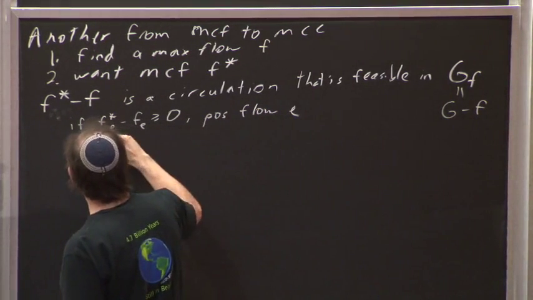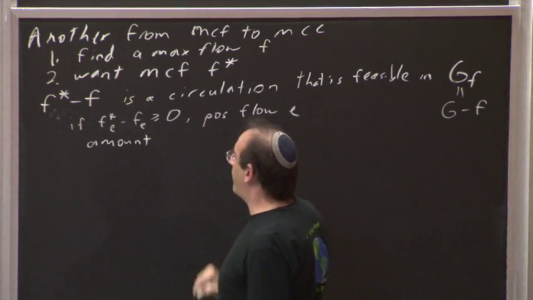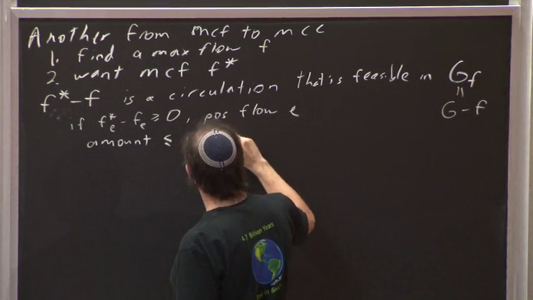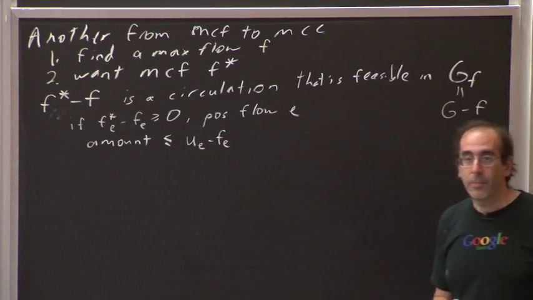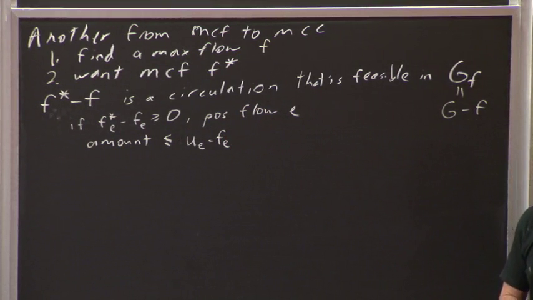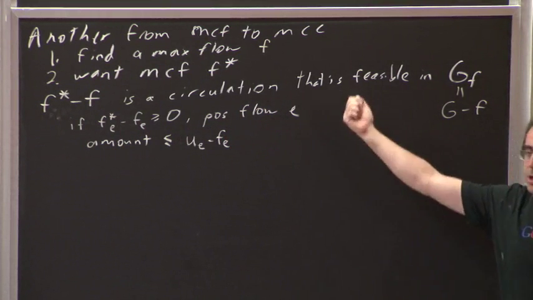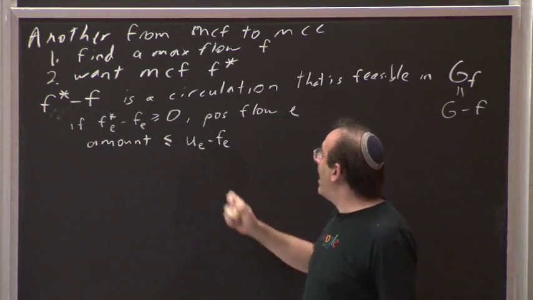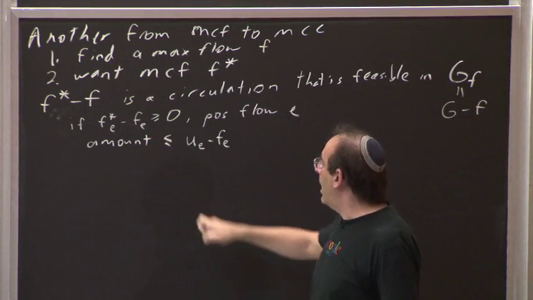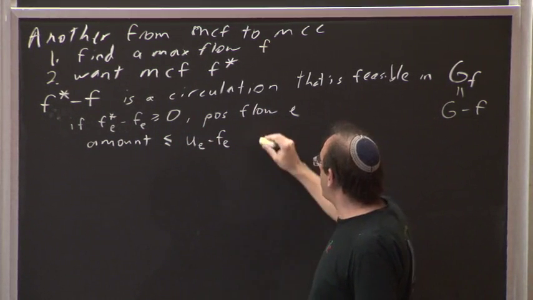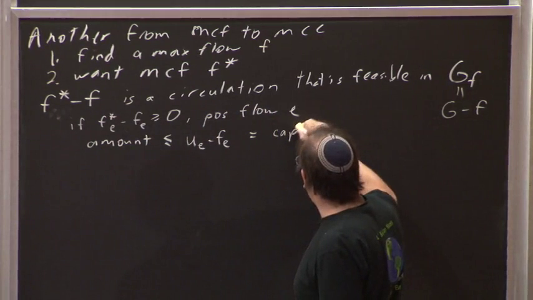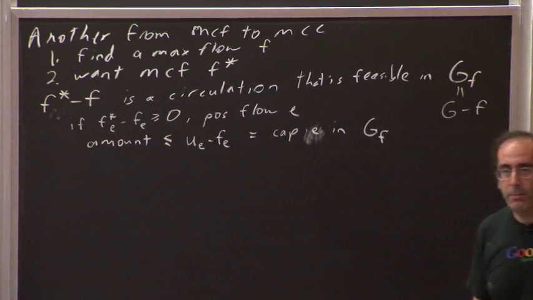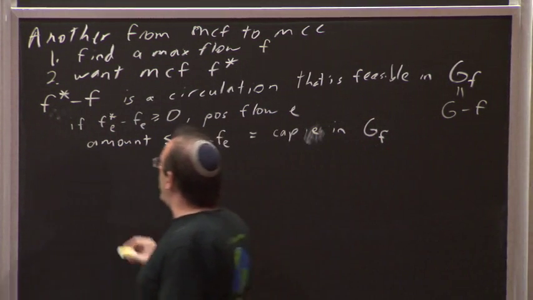But notice also that the amount of flow, f star e minus f e, is less than or equal to u e minus f e. Why is that? Because f star is feasible by definition, so f star e has to be less than or equal to u e. And so the amount of flow that I'm putting here is f star e minus f e, which is less than or equal to u e minus f e, which is equal to the capacity of edge e in the residual graph. Now we just look at the other direction.